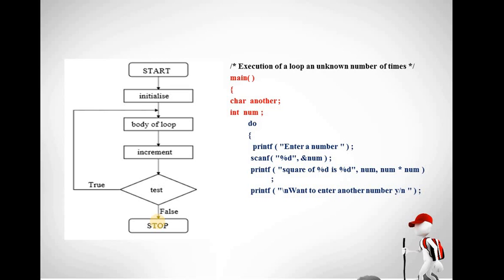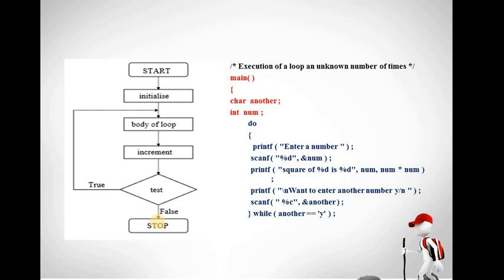Now after that we ask the user whether they want to continue or not. If they press Y, then continue. If they press N, that means no, so we terminate our loop. How can we implement that condition? Over here you can see, to save the input of yes or no, there is another variable of character type, the variable name is another.